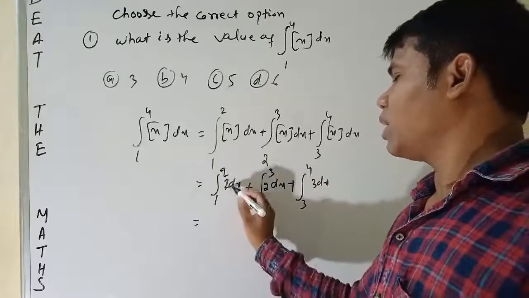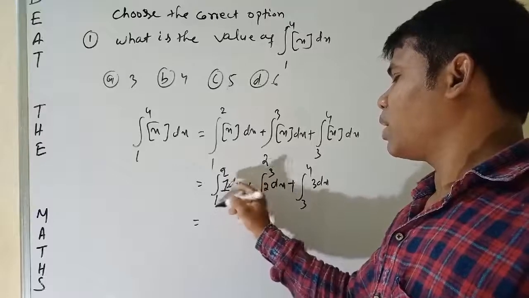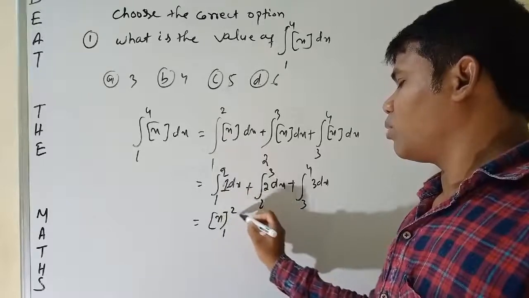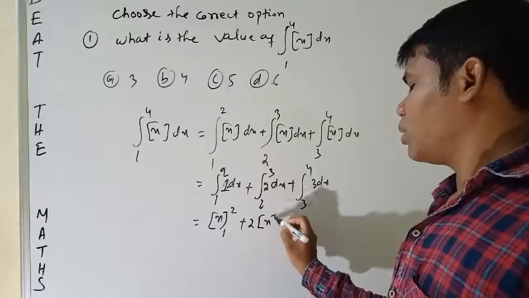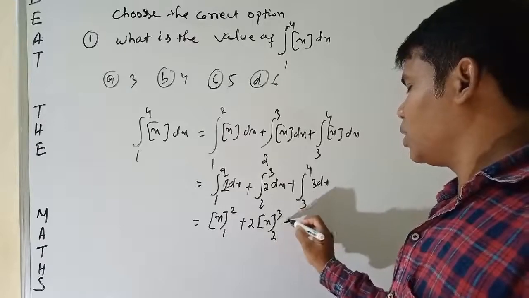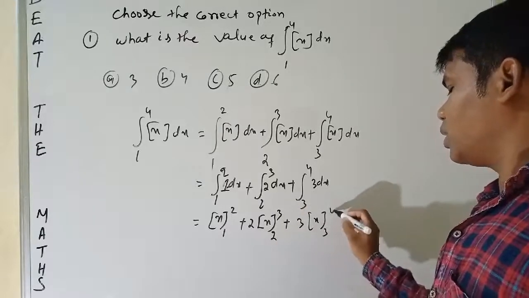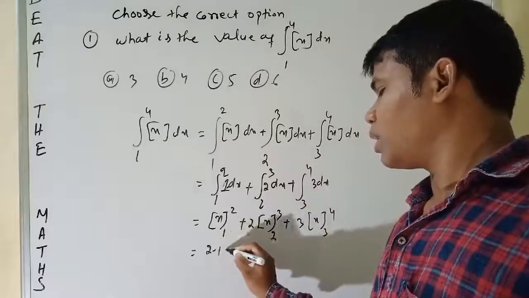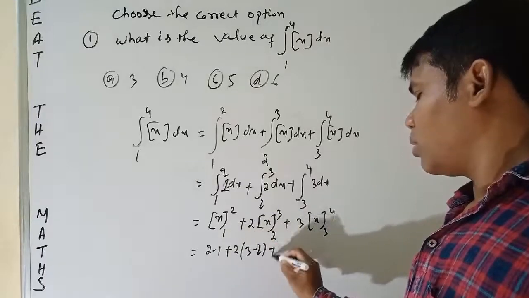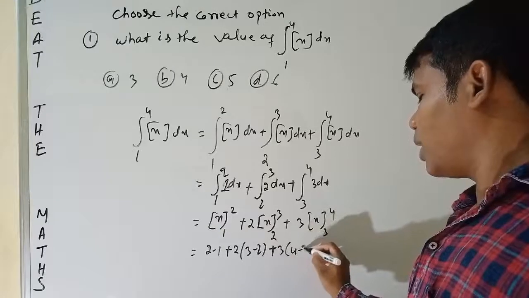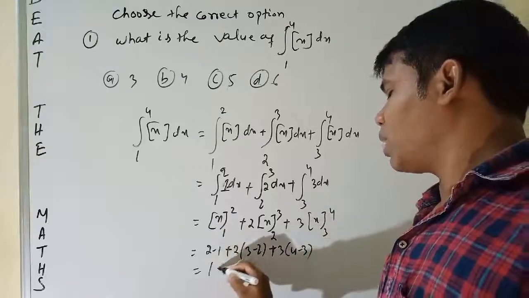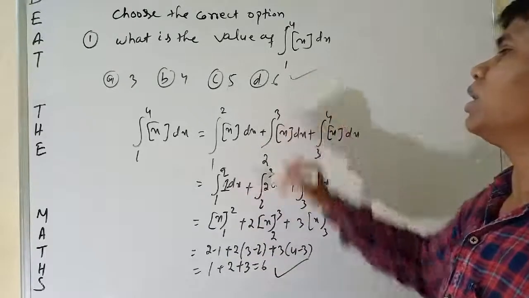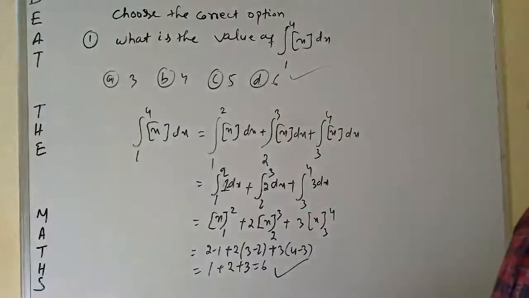Integration of dx is x, so 1 into x from 1 to 2, 2 into x from 2 to 3, 3 into x from 3 to 4, which equals 2 minus 1 plus 2 into 3 minus 2 plus 3 into 4 minus 3. That is 1 plus 2 plus 3 equals 6. So the correct option is D. Pause the video, note it down.